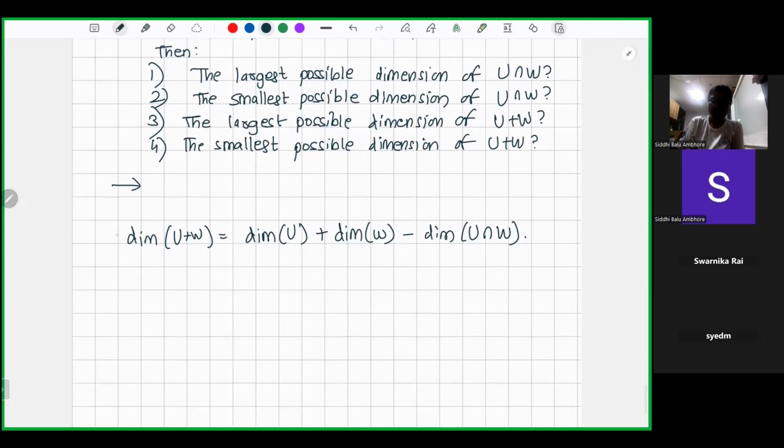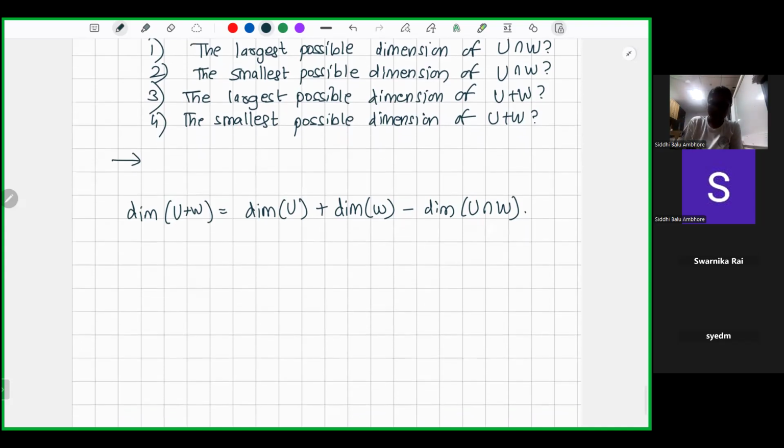This dimension of U plus W is largest when? Sorry, we want the largest possible dimension of U intersection W. So what will be the maximum dimension of U plus W? See, when they are totally dependent, I mean one is contained in the other, right?